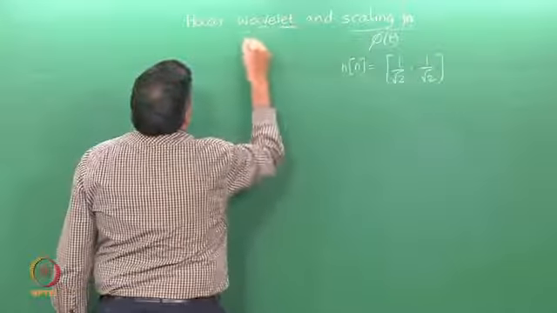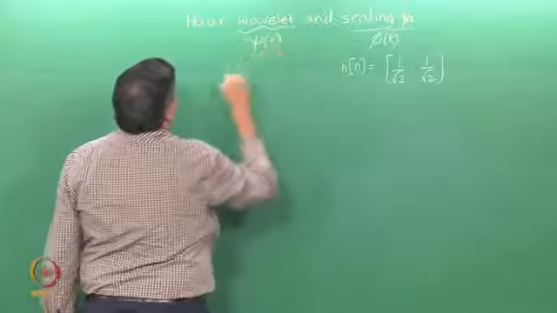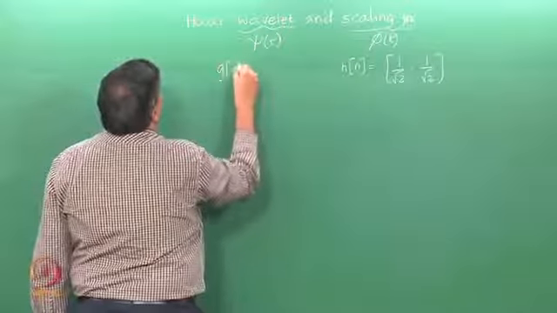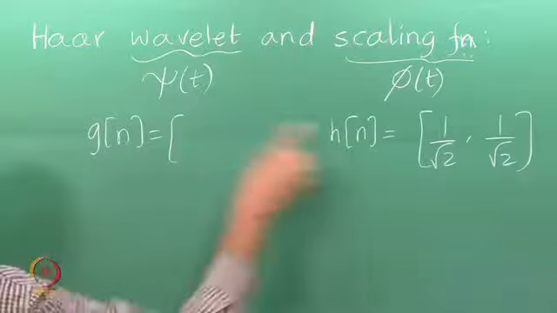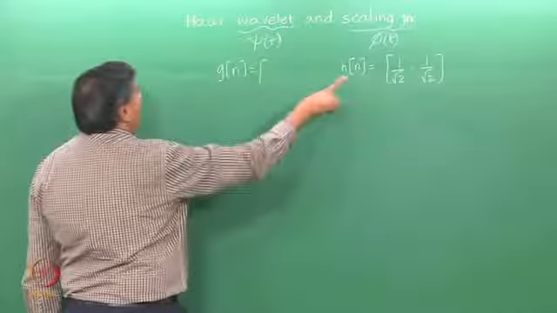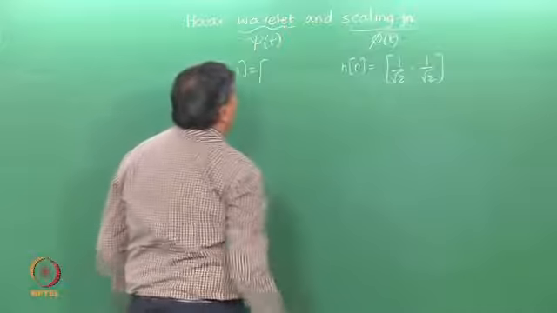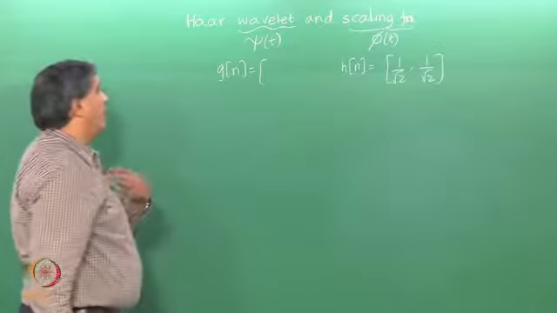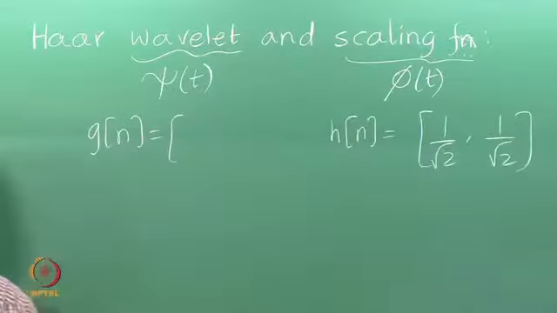The high pass filter associated with the wavelet is again of the same length, and we know how to derive g from here, because the Haar wavelet is orthogonal to the scaling function at any scale.